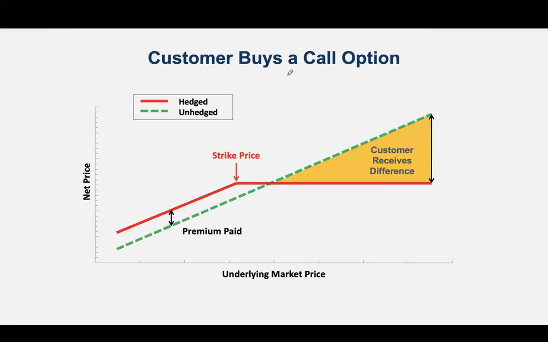Then there is another hedging technique that's called customer buys a call option. So in this case, again, this red line represents a hedge. The idea of buying a call option is that you have an agreement with the supplier that this is the hedge, which means you will be buying at this price. This is a strike price.